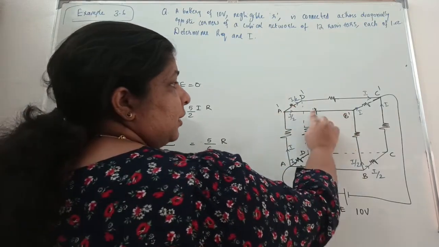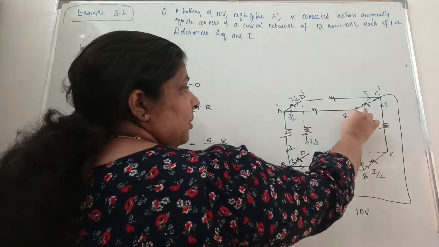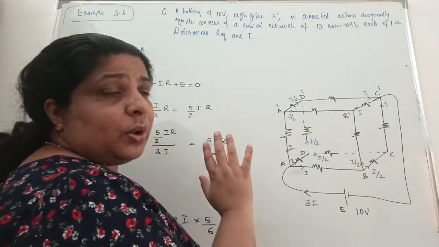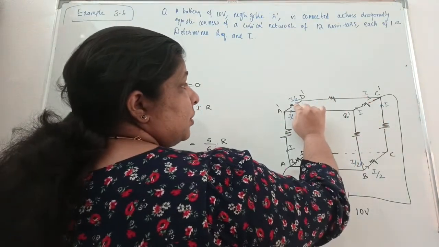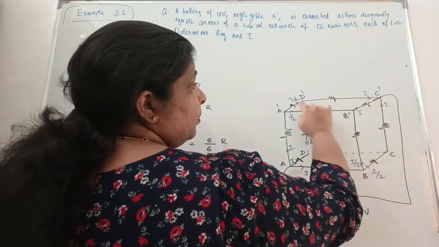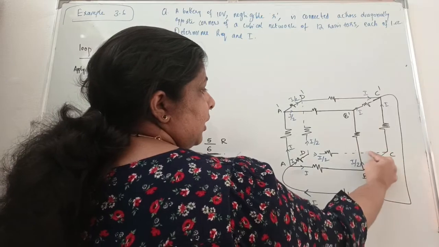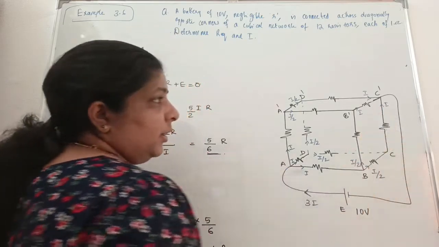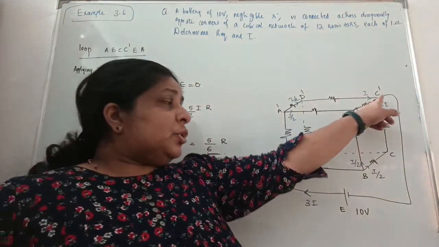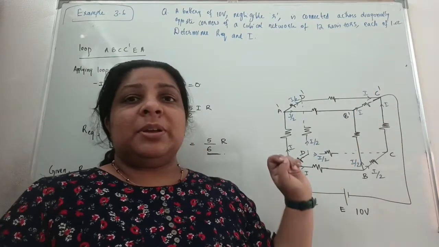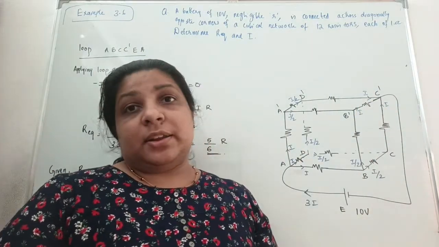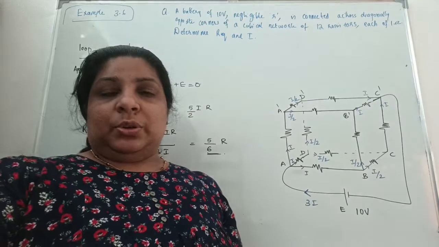At this junction, I by 2 and I by 2 are coming and joining, so I. At this junction also, I by 2 and I by 2 join to make I. At this junction, I by 2 and I by 2 joining I. So at C dash, it will be 3I coming back to the battery. So this is forming a closed loop.